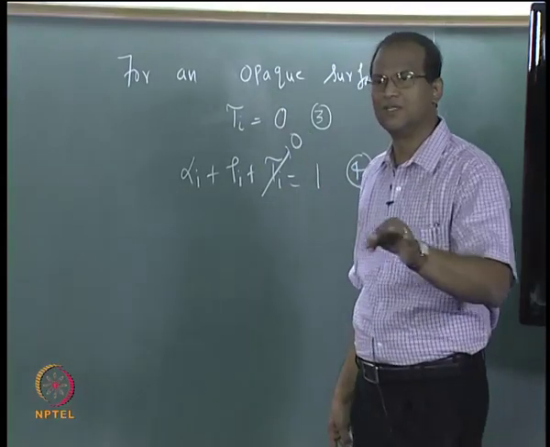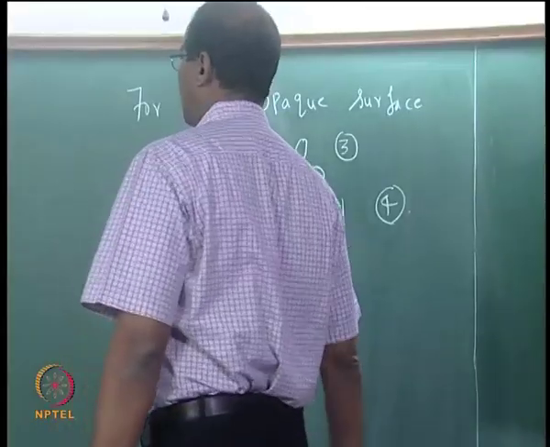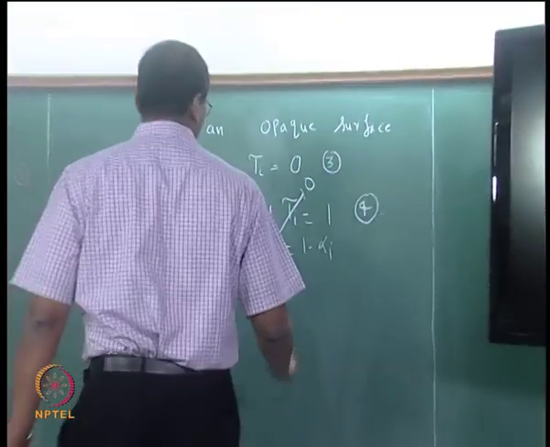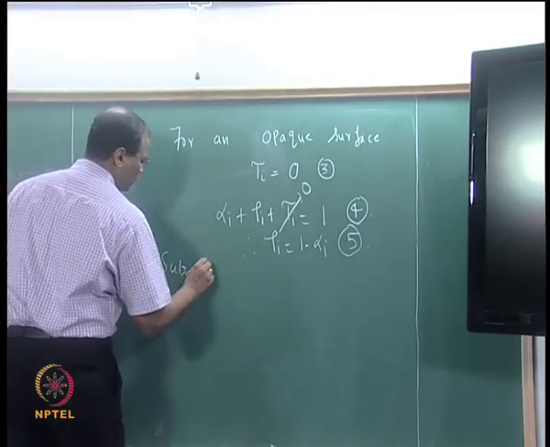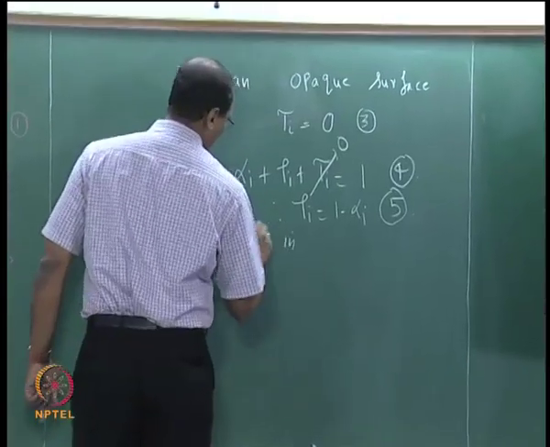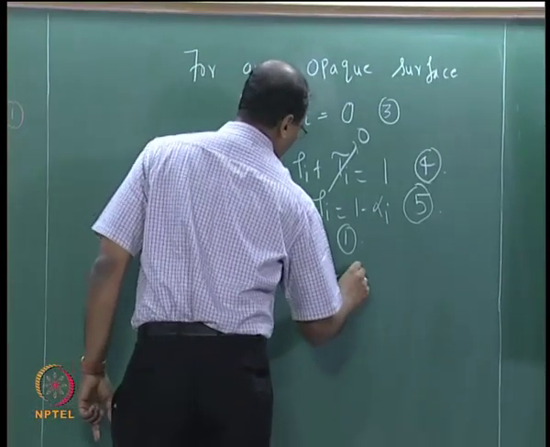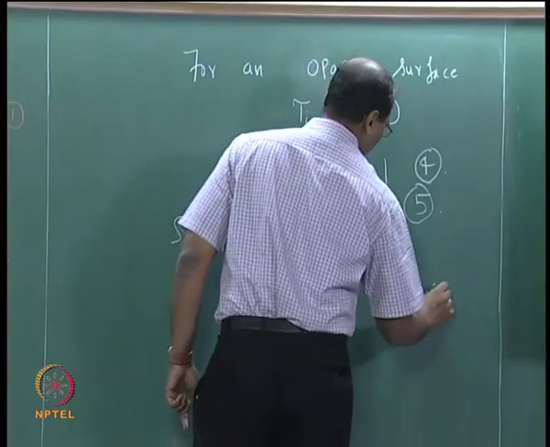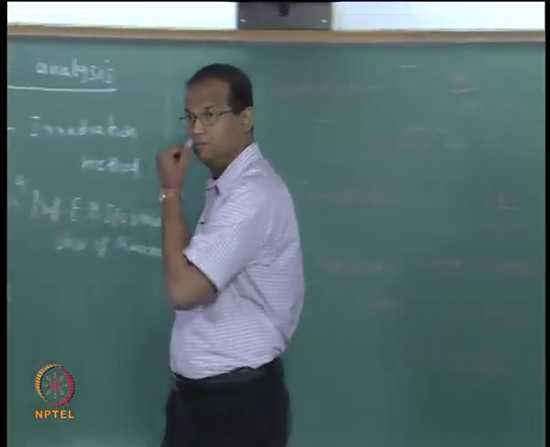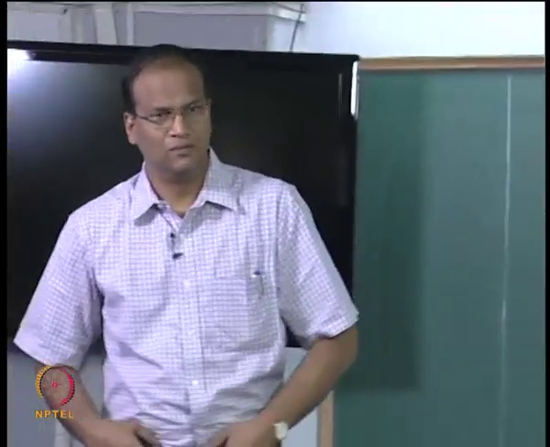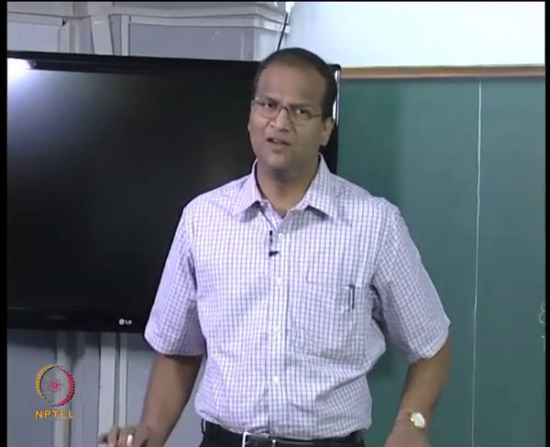For an opaque surface there is no transmission, it is only absorption or reflection. Therefore, substituting in 1, that is the radiosity relation for the ith surface of the enclosure. If it is only one surface, keep it as J or J1, whatever.